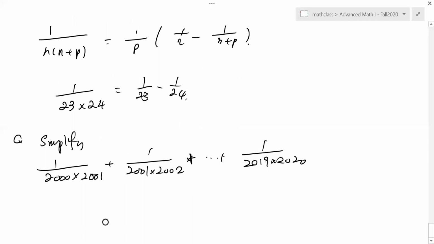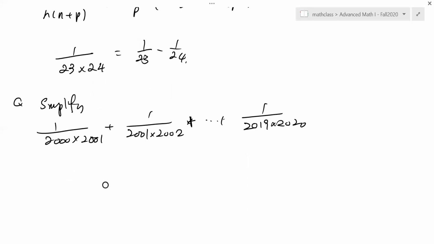So how do you solve this problem? How do you simplify it? How many terms are there? I think there are about 20 terms here. You cannot add them together quickly.